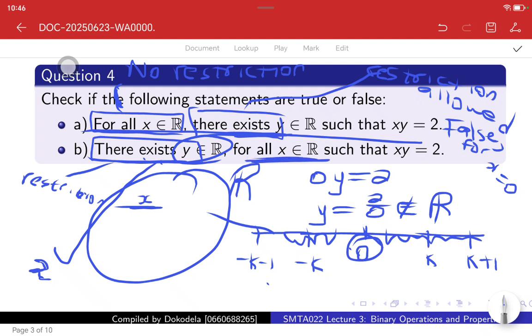The nice thing about the first one is that the statement can usually be true. Reason being, the number is going to generate first, randomly. Let's say this generates 2. Yourself, you can look for a number that multiplies that 2 and gives you 2. But the reason why it became false is that the number generated was 0, and there's no number we can multiply there to give us 2. So that one was false.